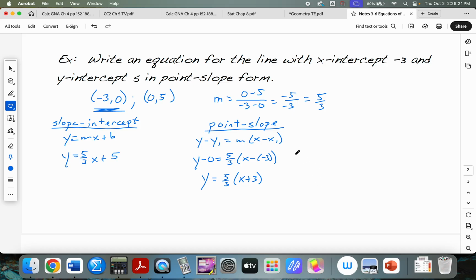Or, and I'm being a little ridiculous now, you could use the other point. Be y minus 5, because I'm taking the y coordinate, equals 5/3 times x minus 0.